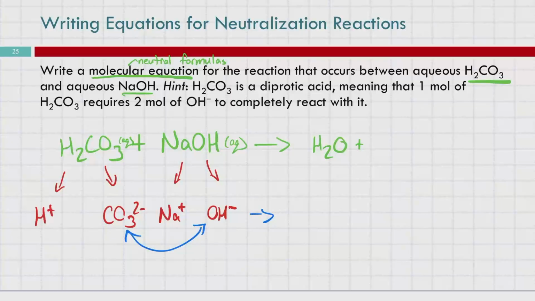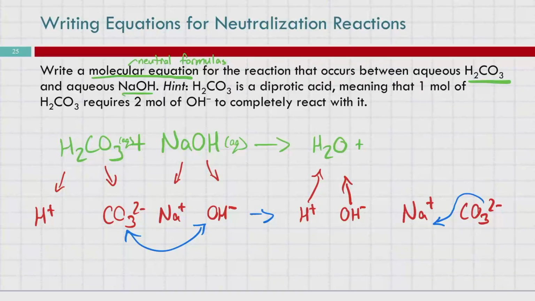We would rewrite this as H plus with the OH minus, Na plus with the CO3 2 minus. The H plus and the OH minus go together to form H2O. It's a 1-to-1 ratio. For our Na plus and our CO3 2 minus, the charges don't balance out, and so we get to crisscross, or swap and drop. We end up with Na2CO3.